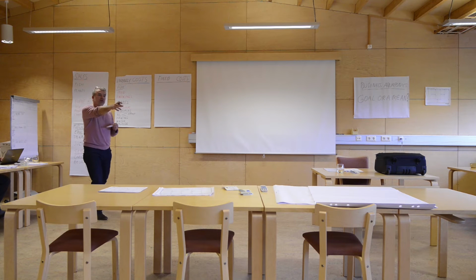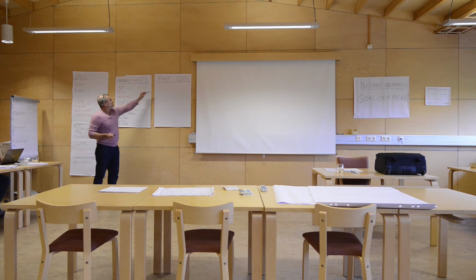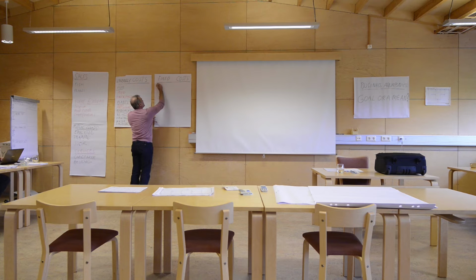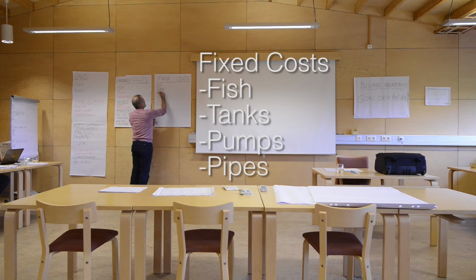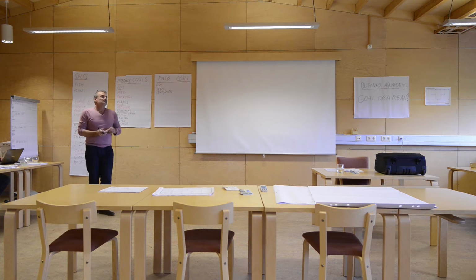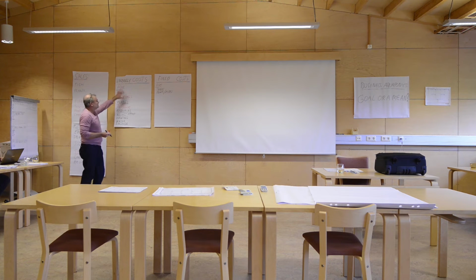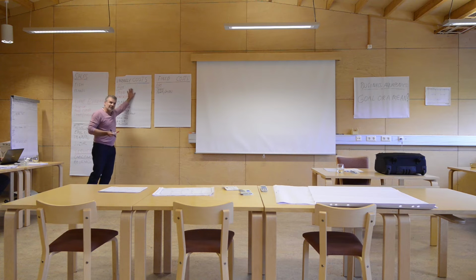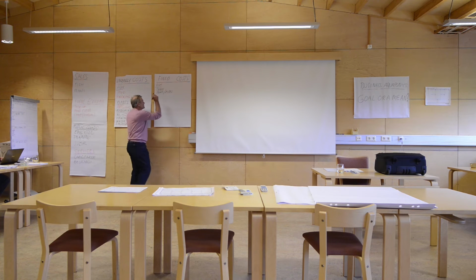Yeah, the whole system, like all the tanks and the pipes and the pumps. This goes over here. We can also do the same here, fish. So you're mentioning tanks, pumps, pipes, tools. Instruments, measurement instruments. Sometimes they can be scrapped off quickly in tax terms, but it's okay.